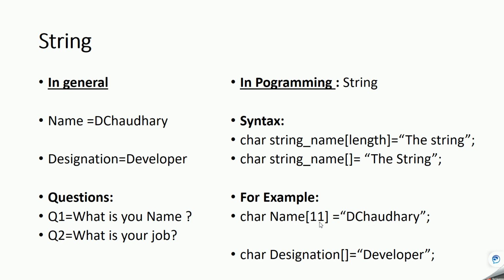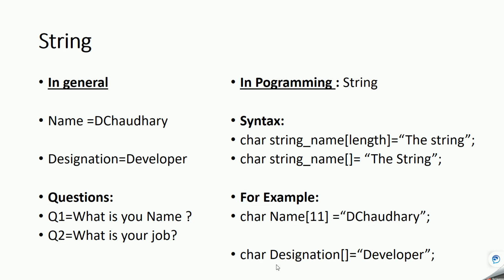That is why I have given the length as 11, because one null character at the end of this string will get added by C. Actually in C programming, one null character will be added at the end.